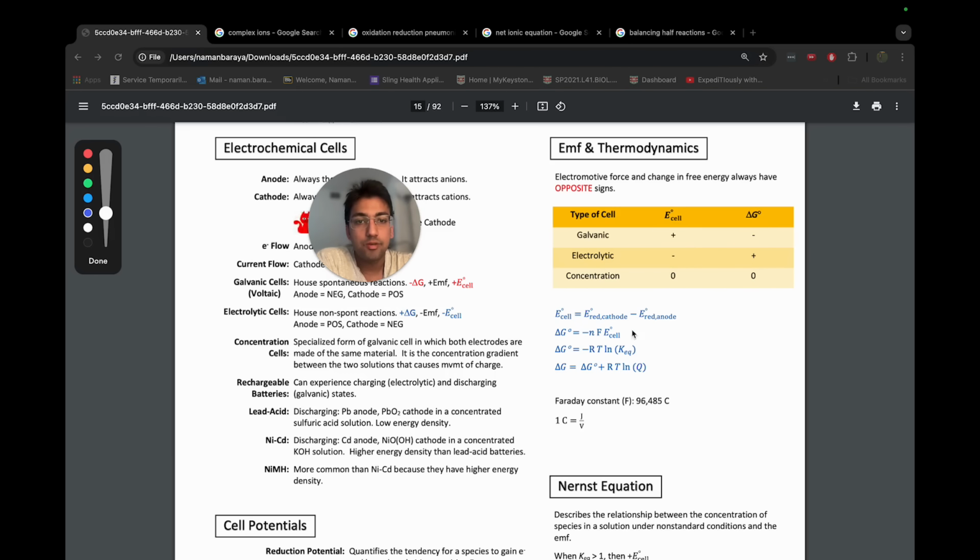I would really try to know this equation over here, the relationship between Gibbs free energy and this E of cell value, which is a very high yield relationship. And these are equations that we already talked about in relationship to Gibbs free energy. This is important also: 1 coulomb is equal to a joule over a volt.